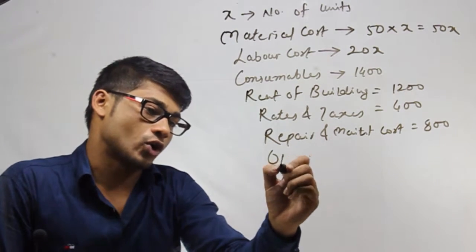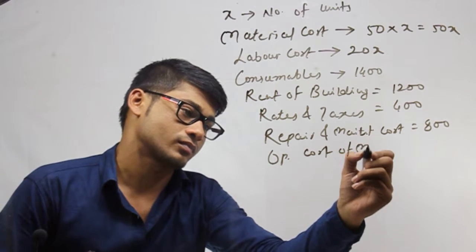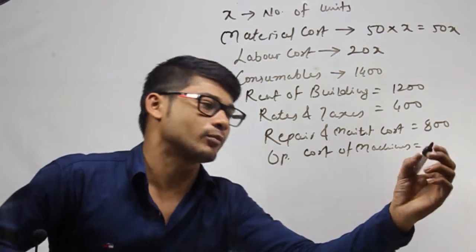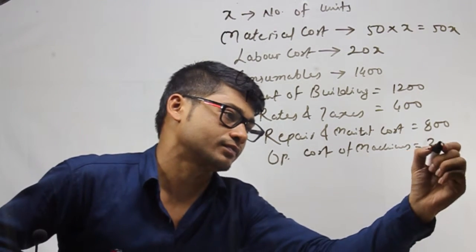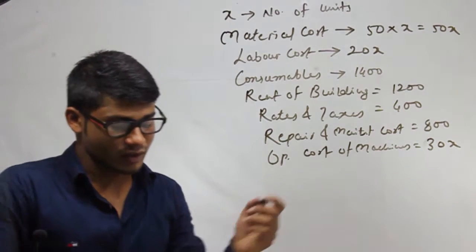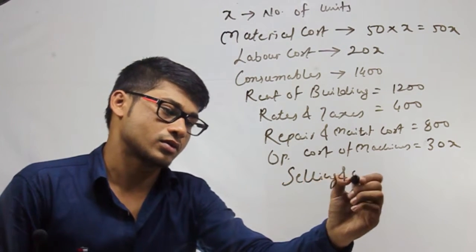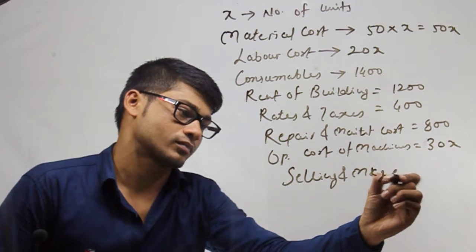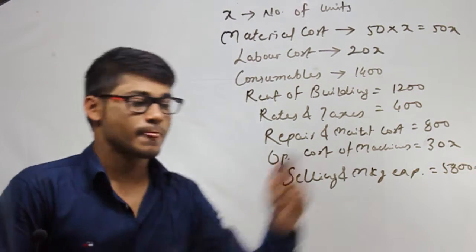Then we have operating cost of machines, which is directly proportional to the number of units and this is equal to 30x. Then we have selling and marketing expenses, which is equal to 5800 rupees.